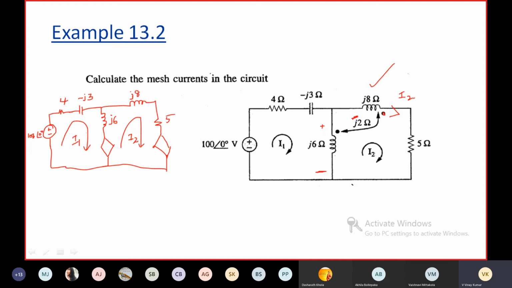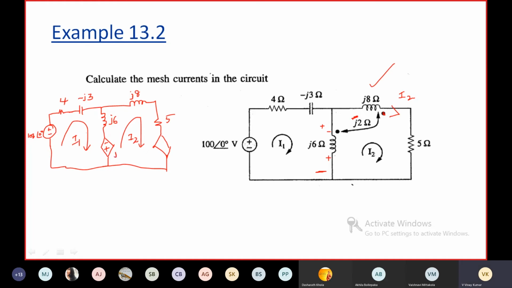I2 is leaving the dot terminal of this coil. If current is leaving the dot terminal of this coil, what will be the mutual induced EMF in the other coil? The mutual induced EMF will be negative at the dotted terminal. So the mutual induced EMF in this coil is negative. So this will be negative and this will be positive.